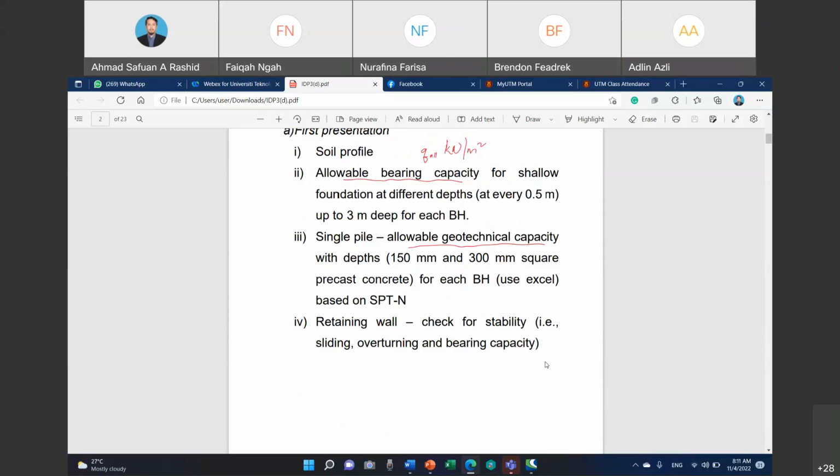Bukan sekadar awak nak kira the lateral force saja. So awak kena kira the stability of the retaining wall. Masa saya submit untuk professional engineer, saya menggunakan this retaining wall design saja. Maksudnya sekali juga dengan the reinforced concrete RC bar semua tu yang perlu diletakkan di dalam wall.